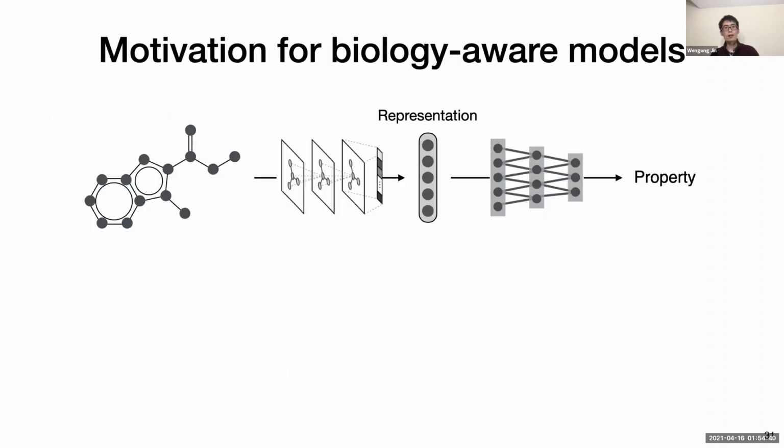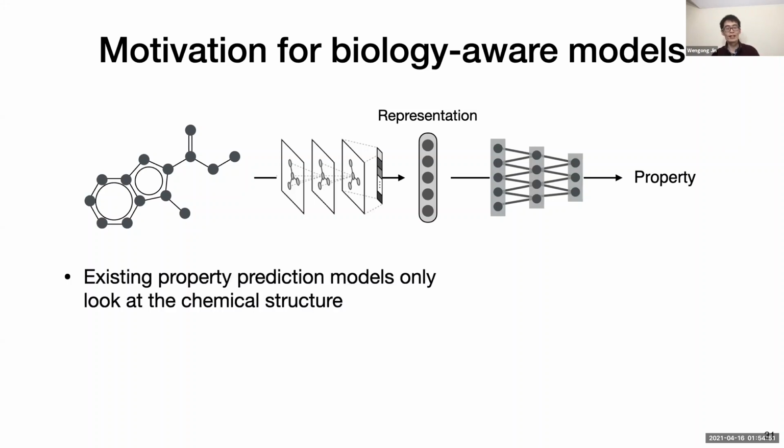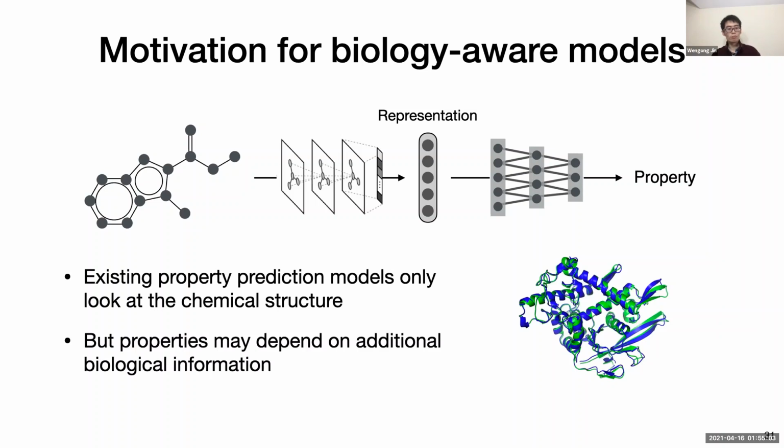So this is the graph neural network model that I just described, right? If you look at this model, it's still just looking at the structure by itself. The input is just the molecular structure, and you're inferring some biological knowledge just from data. So in a way, this model is losing a lot of information.